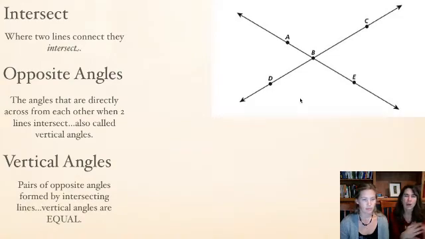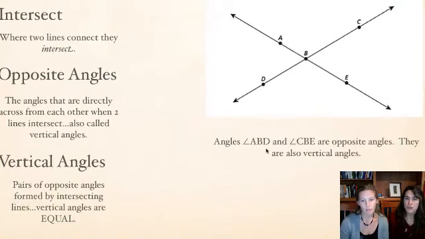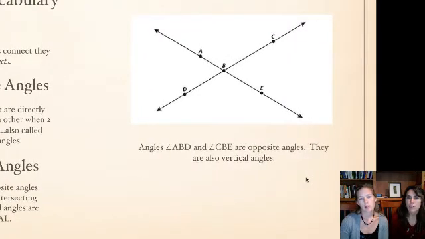We'll talk more about why we need to know that. Looking here, just reading our angles, ABD, we can follow along: A to B to D, and then we have CBE. These two angles right here are opposite, and they're also called vertical.